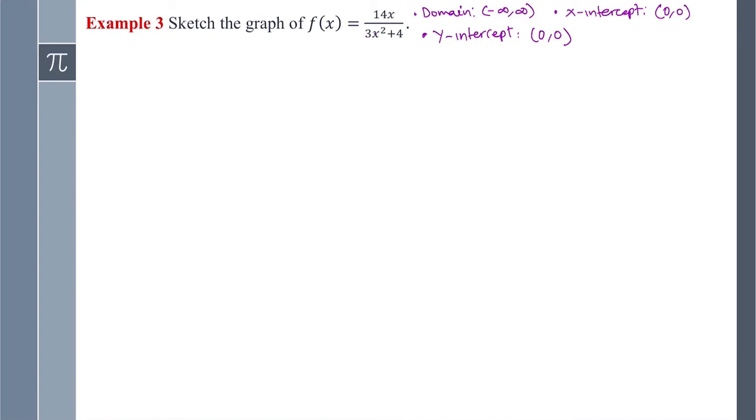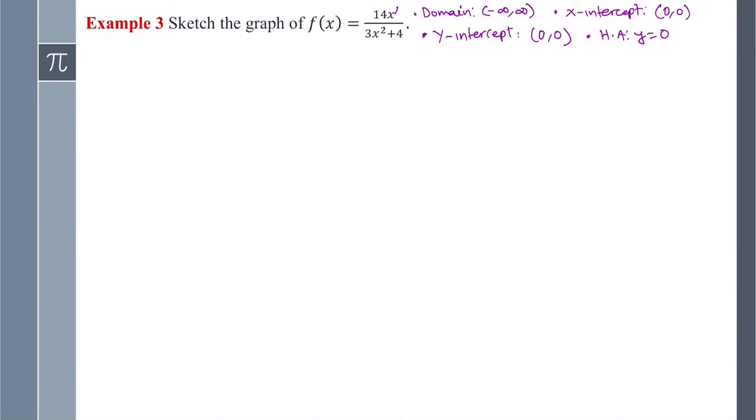We don't have any vertical asymptote because the denominator is never equal to 0. And then to find the horizontal asymptote, we just compare the degrees, okay? The degree of the numerator is 1, the degree of the denominator is 2. If the degree of the numerator is less than the degree of the denominator, then the horizontal asymptote is just y equals 0. So that's the horizontal asymptote.